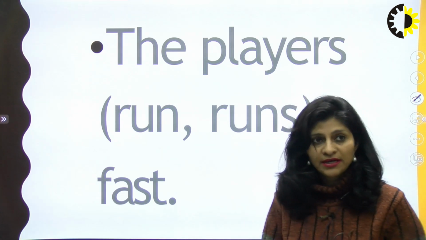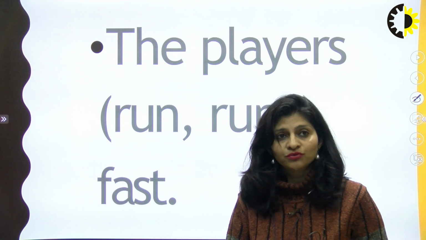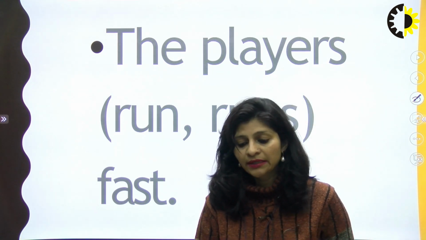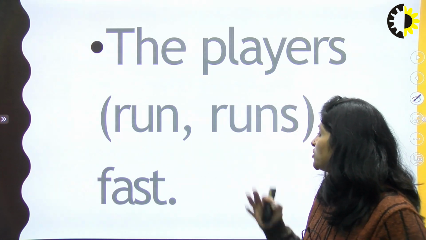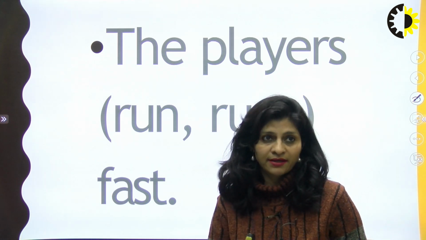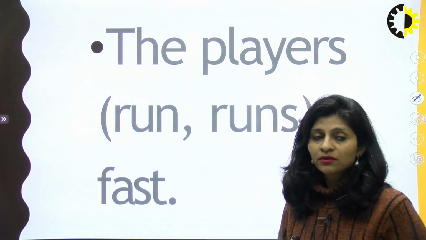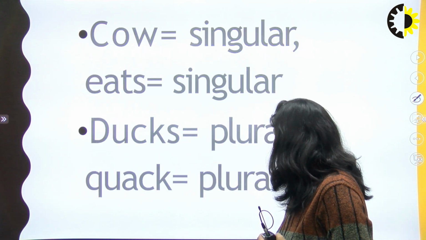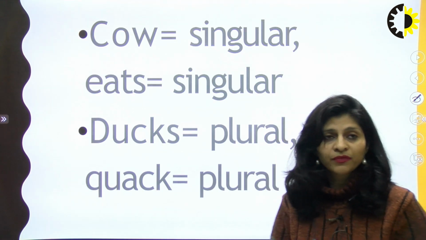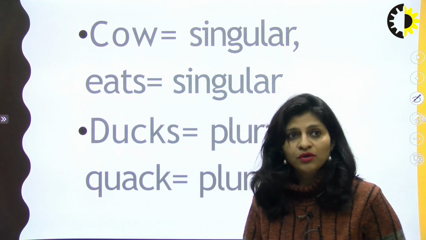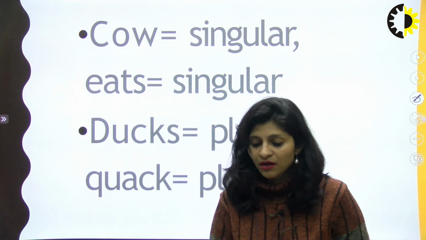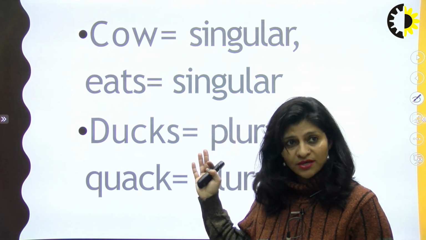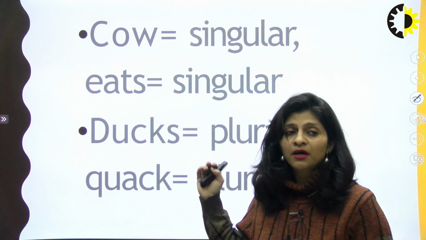Before explaining the rules of subject verb agreement, let me ask you one question. Can you guess which one of them is correct? The players run or runs fast. To answer this, you need to understand how to match a singular verb with a singular subject and a plural verb with a plural subject.